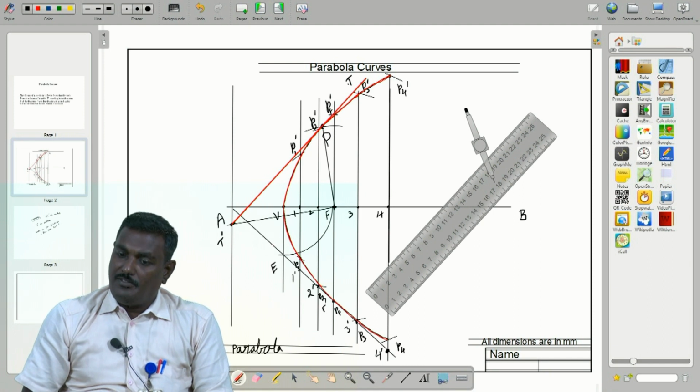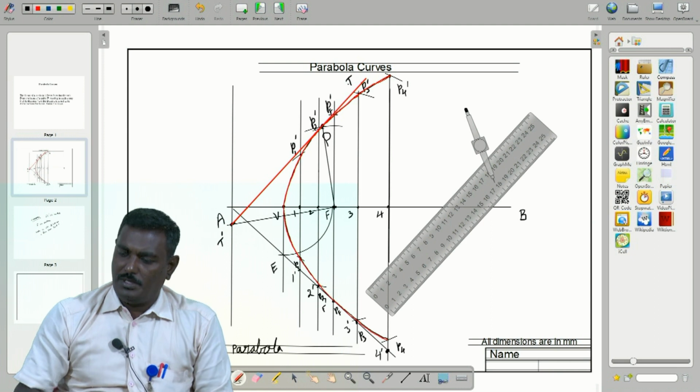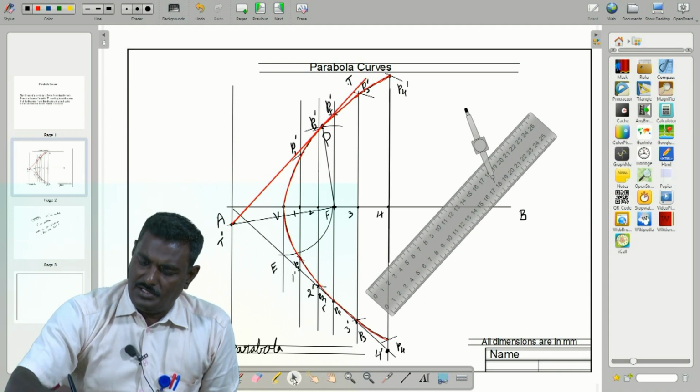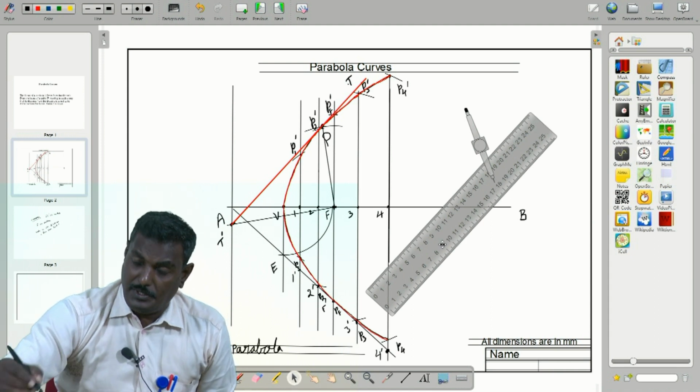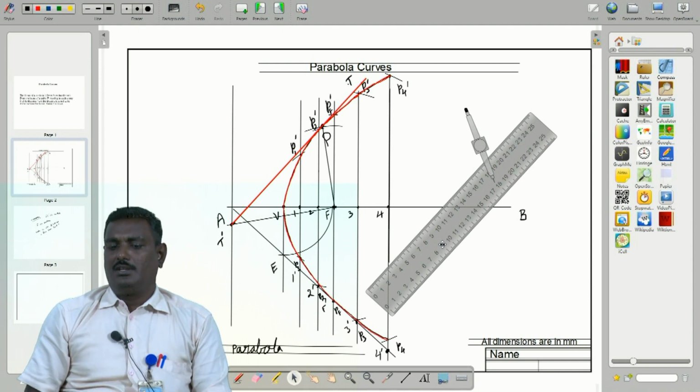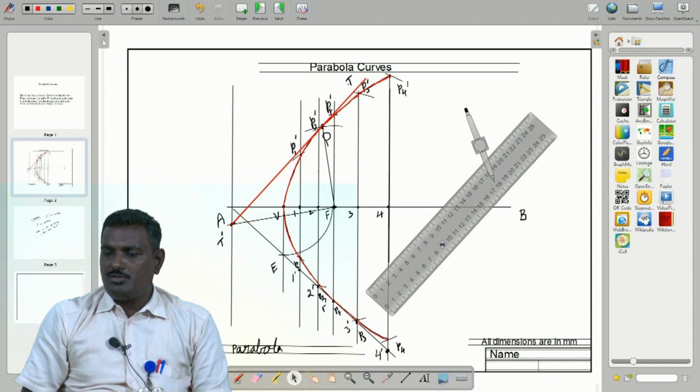Draw a perpendicular line from point P to T dash, that is the normal. Using a mini drafter it is very easy: set one scale parallel to T dash, and the other scale is perpendicular, and draw the normal by that scale.